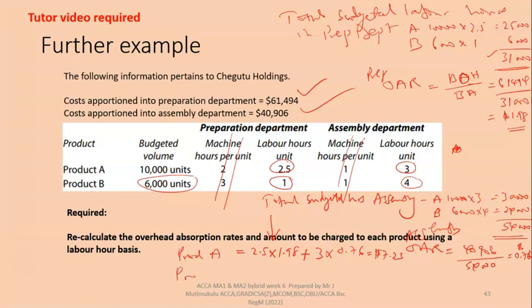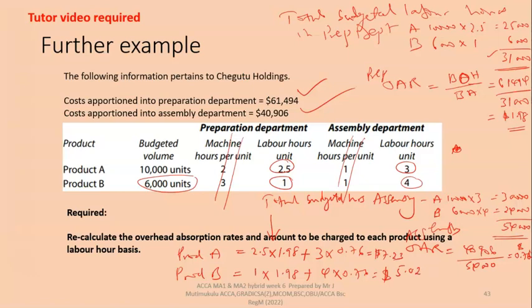We then do for product B. Product B requires from preparation department 1 labor hour multiplied by $98 plus 4 hours multiplied by 0.76, and we get $5.02.